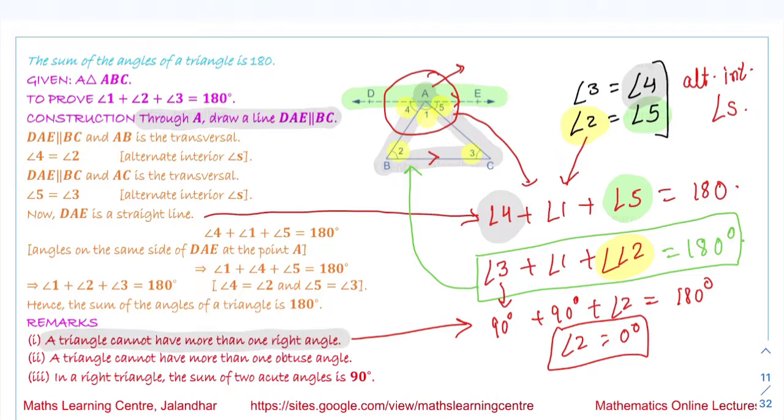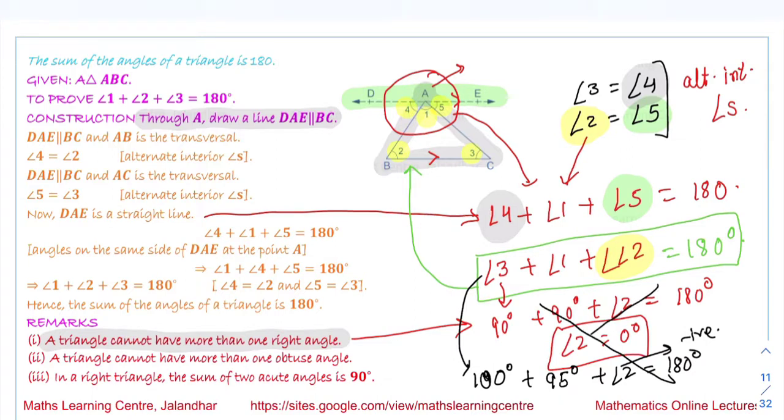Next, if one of the angles is an obtuse angle, suppose one angle is 100 degrees and the next angle is 95 degrees. Then what is angle 2? This value will become negative.